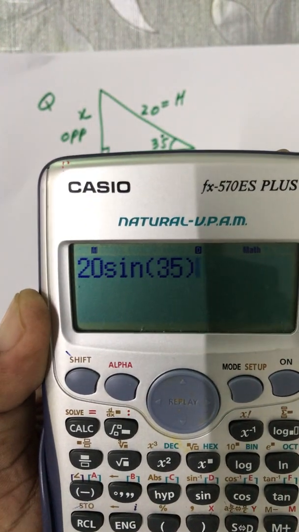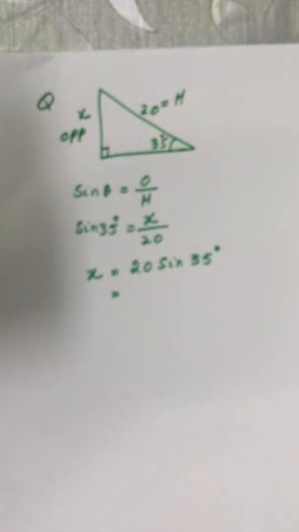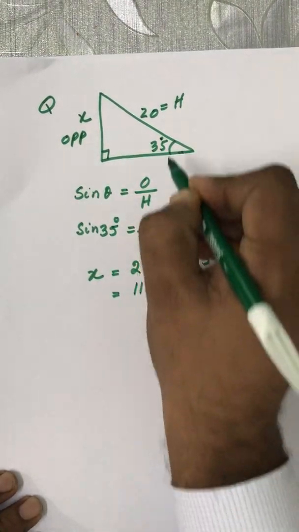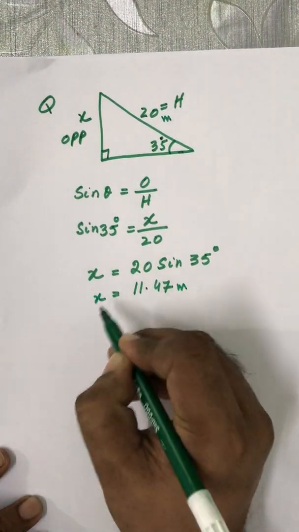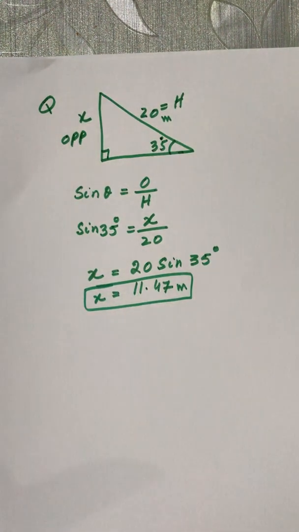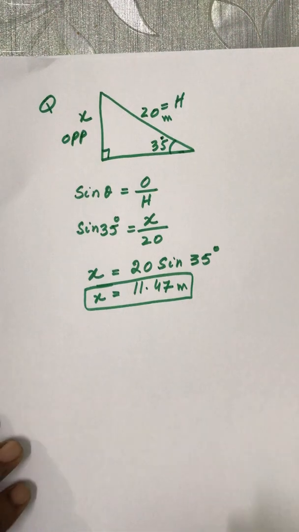You will get the answer 11.47. My calculator is telling me 11.47. If this is in meters, then the other side will also be in meters. So this is how I can find an unknown side if one side and an angle are given.